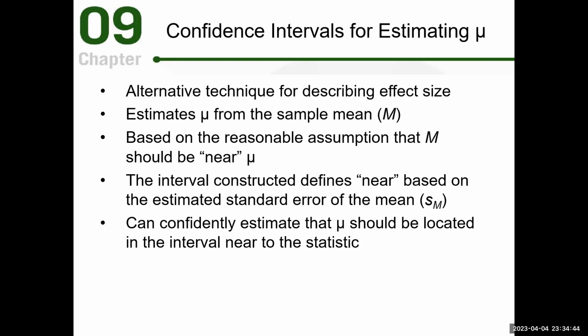And we learned how to do confidence interval a few chapters ago, and we'll do another example to show you what that estimated standard error does, what the t-statistic is going to do for you, and what you're going to use that for, okay? You want to be able to confidently estimate that the population mean should be located in an interval near the statistic that we have computed, okay?